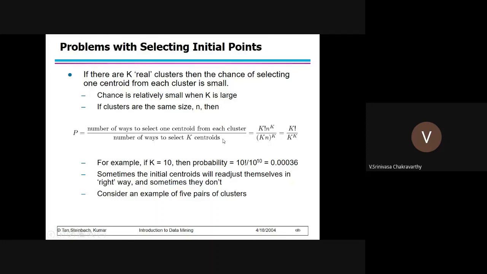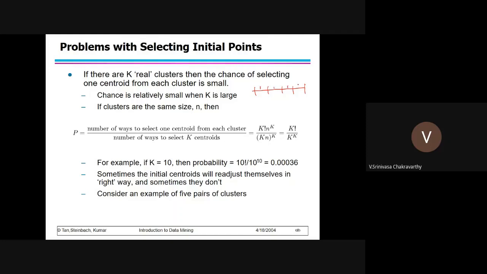But let us look at the probability of choosing centroids like that. That is, if the data set has k partitions. Let me draw it more conceptually like this. Let us say the data set actually has only 4 clusters. The ideal way, if I have the choice, is to take 1 point from here, 1 point from here, 1 point from here, 1 point from here.